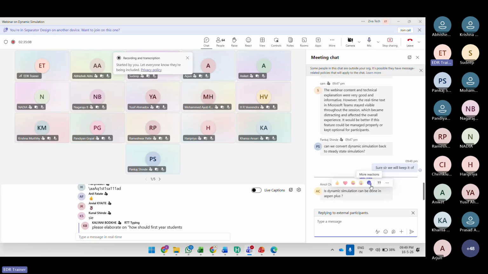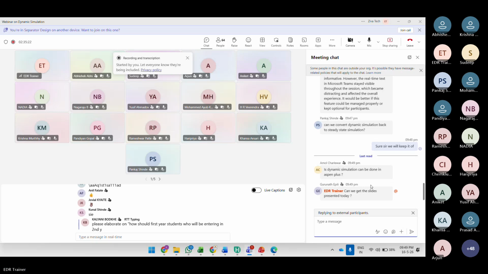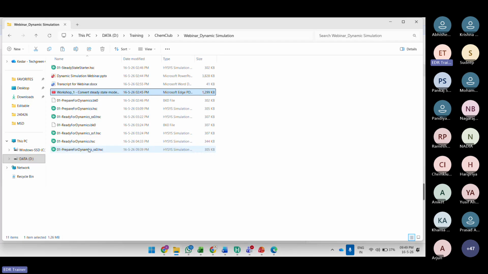some of the values remain within the memory of the simulation. So it is always better to keep your steady state simulation as a backup file and then run on. You can see here, in my system also, I have prepared three or four files at different levels.